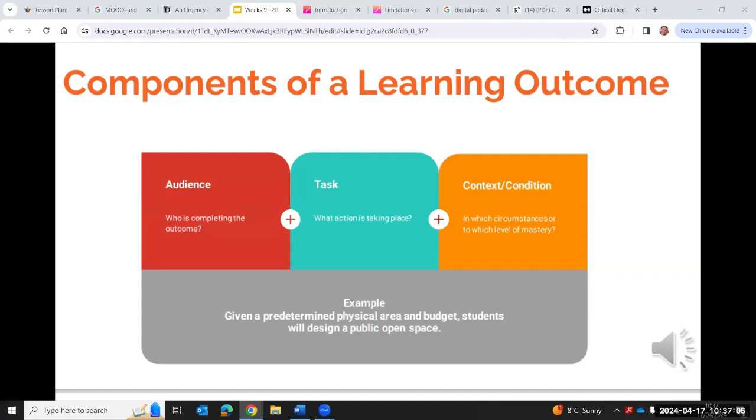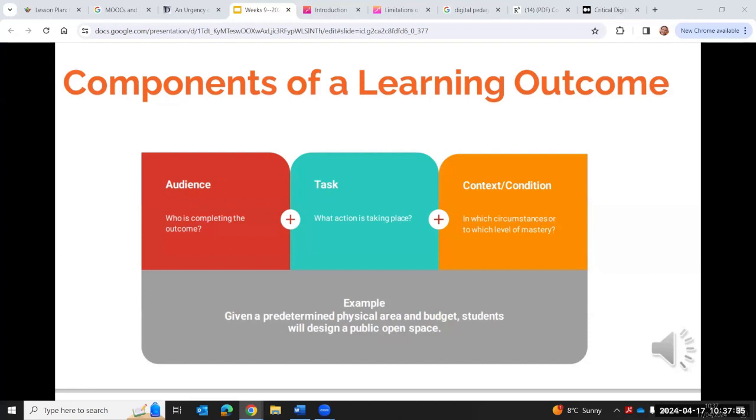You could think about one learning outcome in the meantime, or maximum two, so that you don't complicate things and you make the task simpler for yourself. Your learning outcome or outcomes should incorporate three elements: audience, task, and context. The audience is always going to be the students.